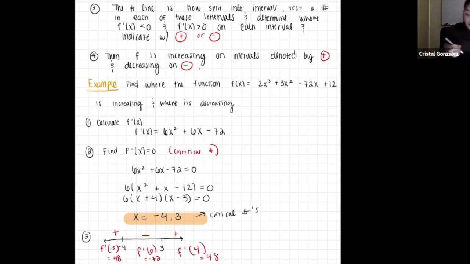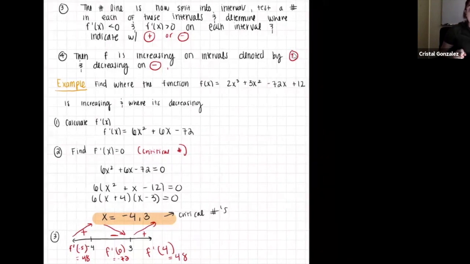And so you can put plus, minus, plus, but a habit that I like to do, and this is really helpful for what we're going to do next, is I like to denote that by an up arrow to show me that I am increasing, and then a down arrow for decreasing, and then another up arrow again.